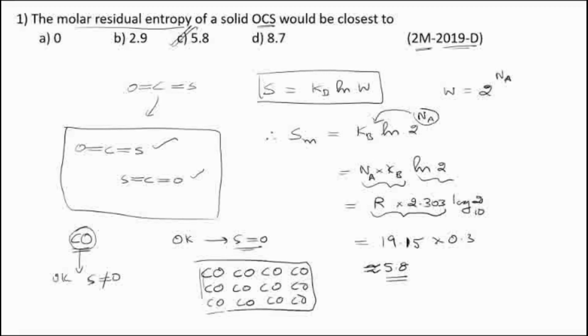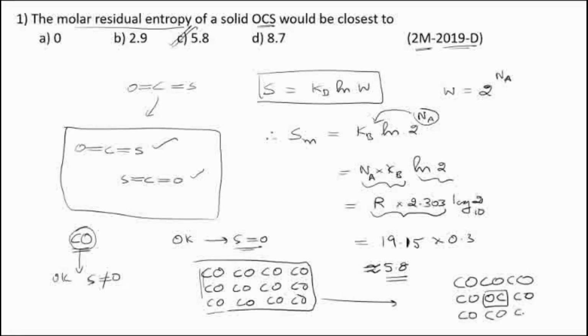But we all know that carbon monoxide takes two different orientations in the crystalline state. What are the two different orientations? I'll write here. One is like this, and sometimes it can also exist like this.